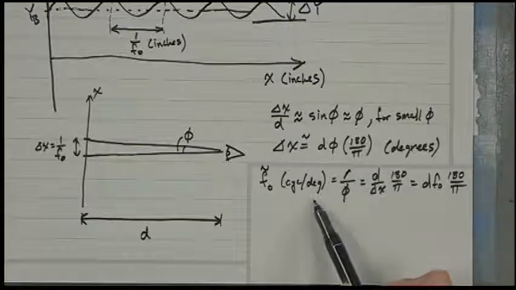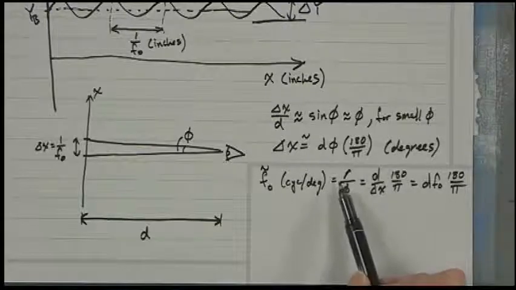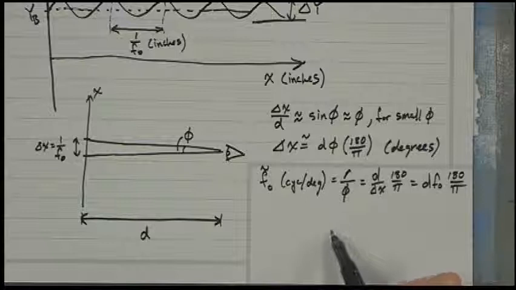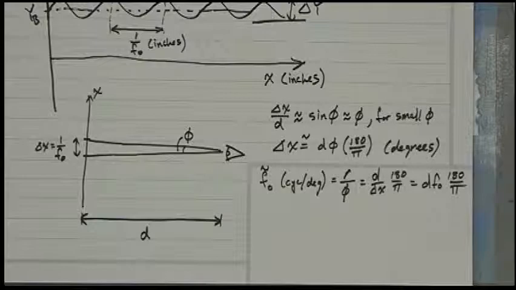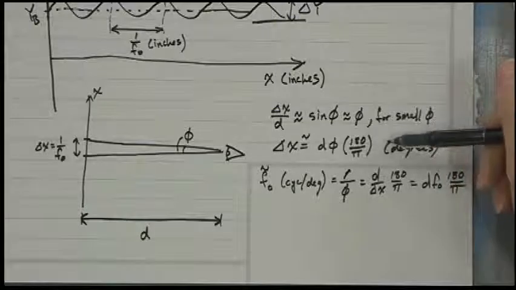This should be right. We invert the phi, and the phi is pi over 180. That's consistent with this, though, isn't it?